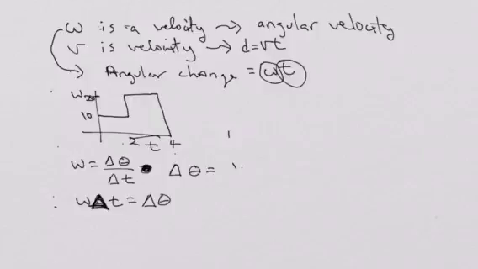And omega delta t, which is this plus this, is area under the curve. You need to remember that.